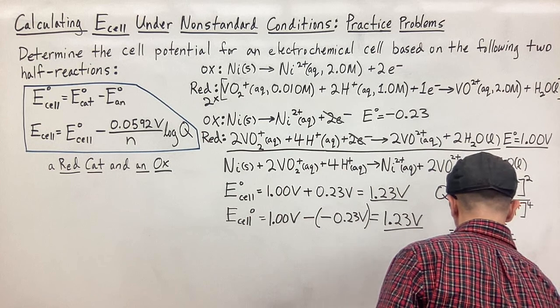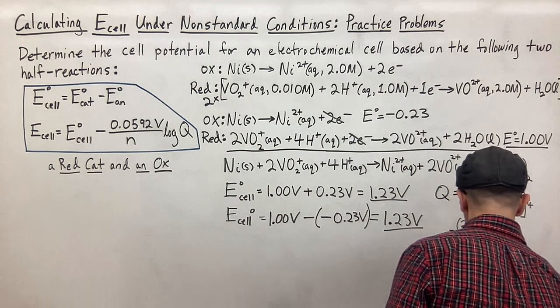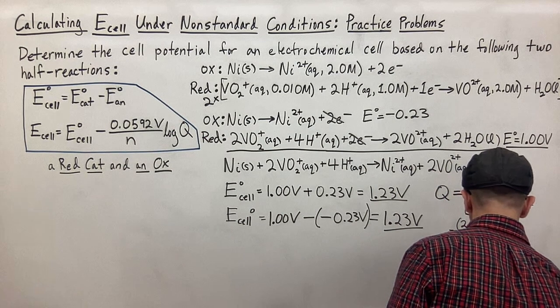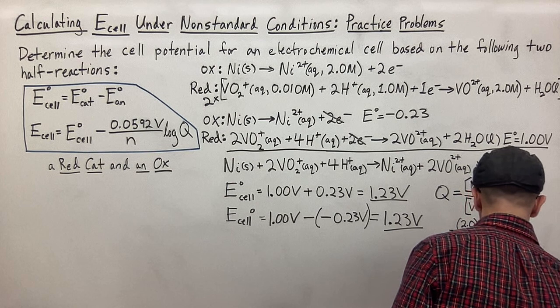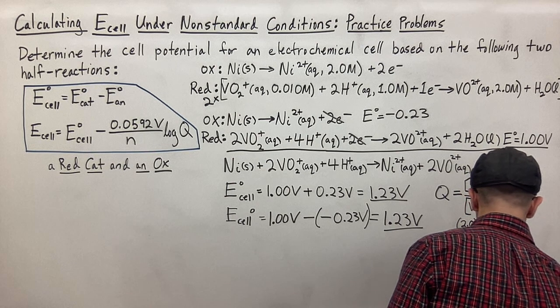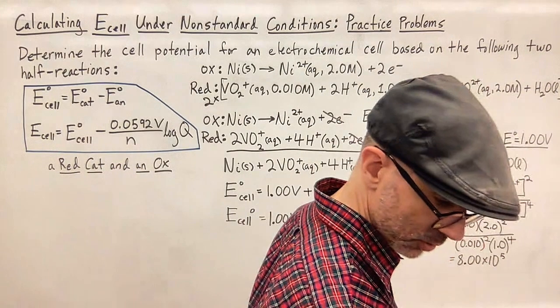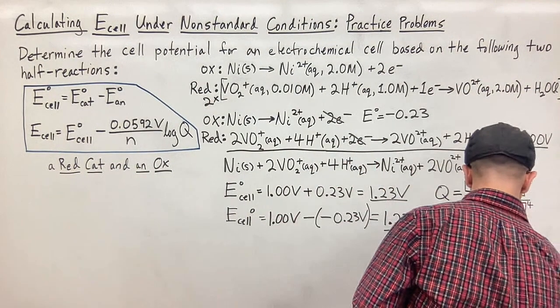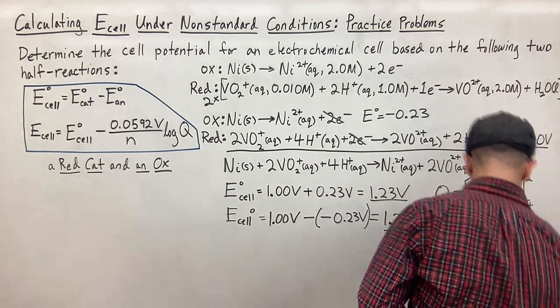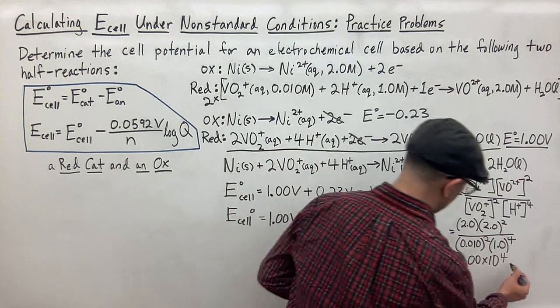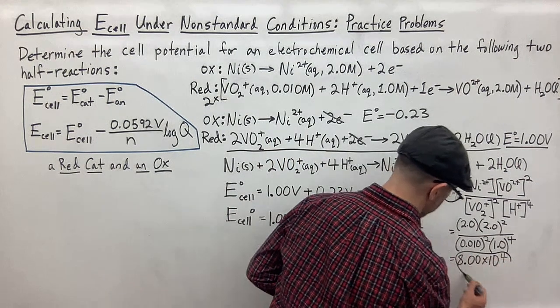So 8.00 times 10 to the fourth. So this is our Q value.